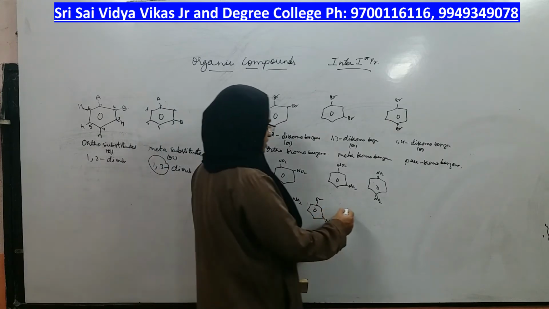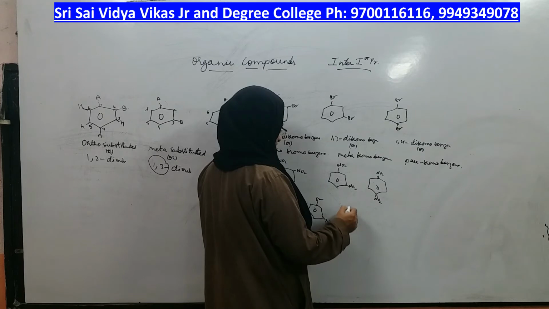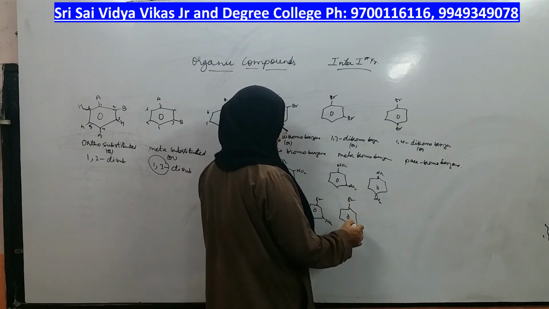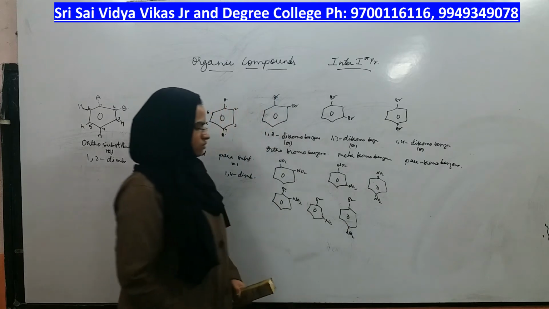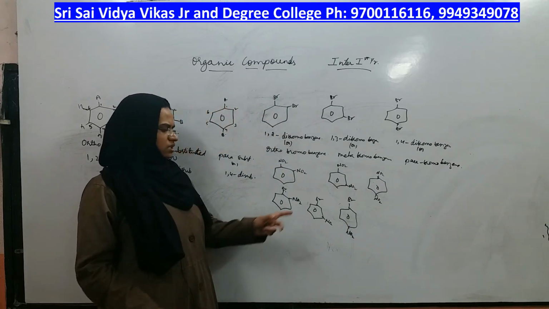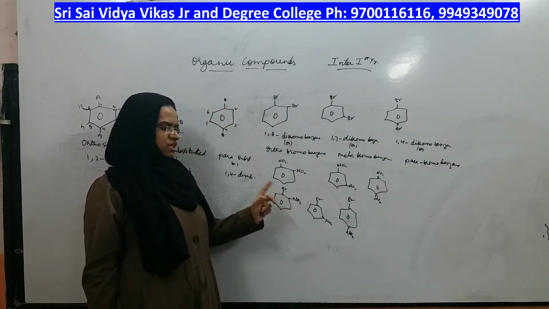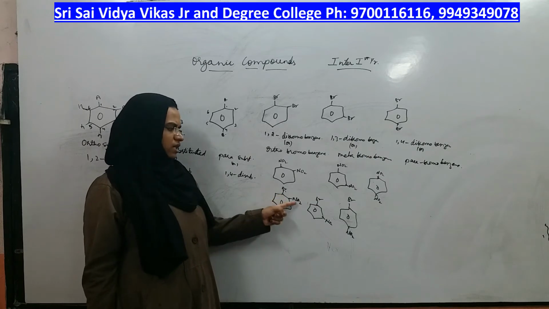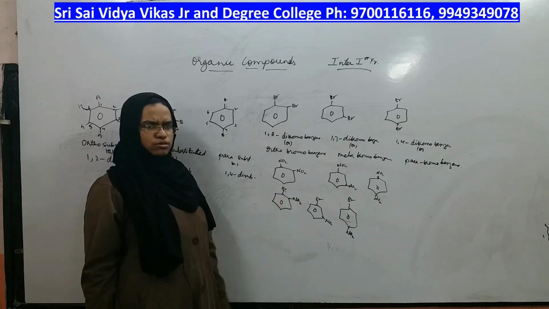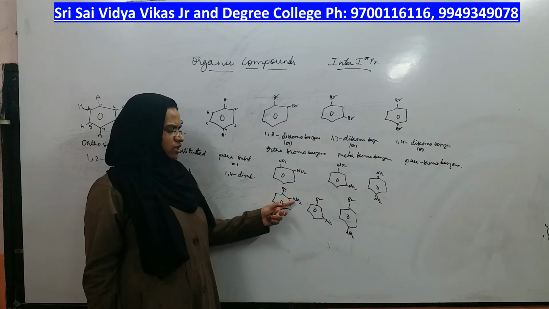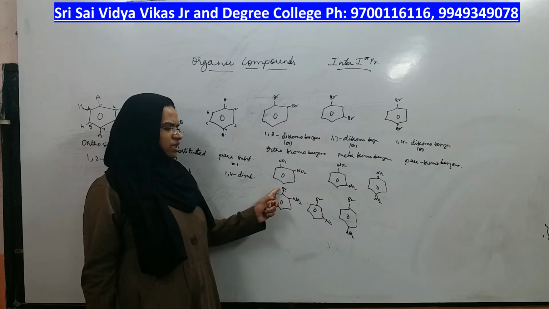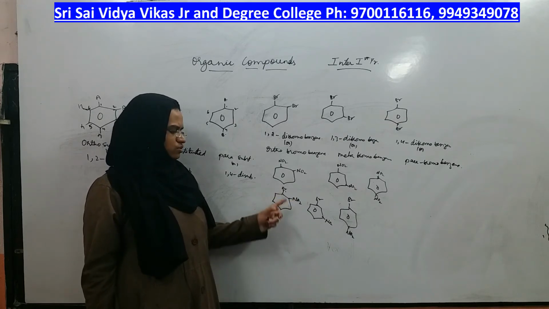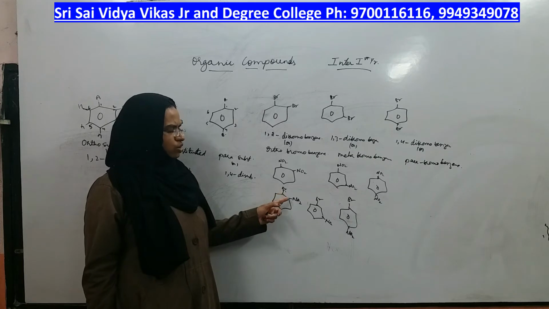What is the name of these compounds? What is the name of this compound? Its name is benzene. Then who should be preferred? Nitro group is preferred or bromo group should be preferred? Alphabetical order you should follow. Nitro starts from N, bromo starts from B. So what you should say? 1-bromo-2-nitrobenzene.